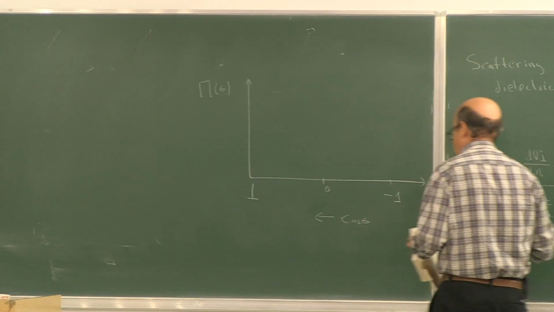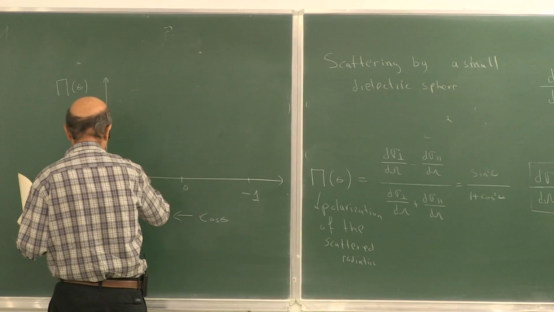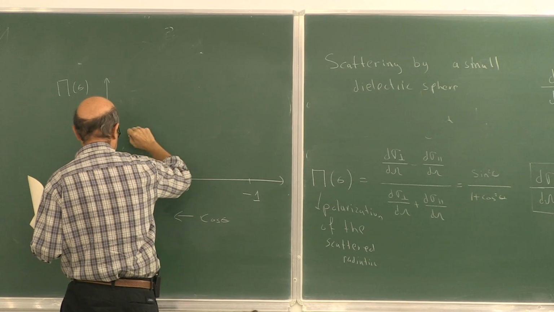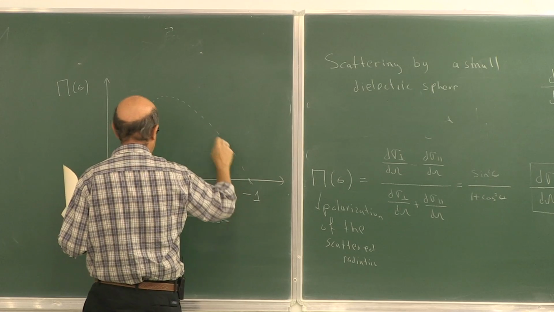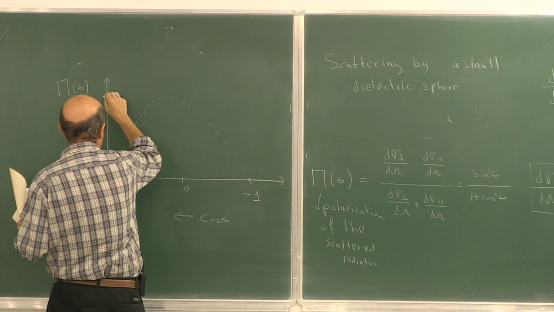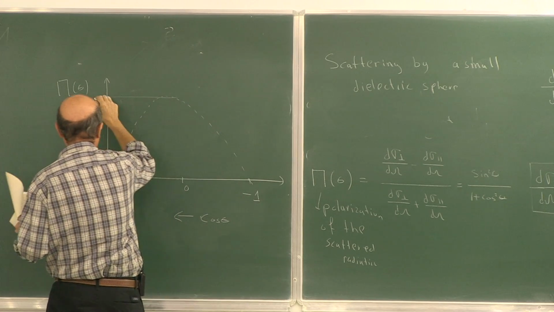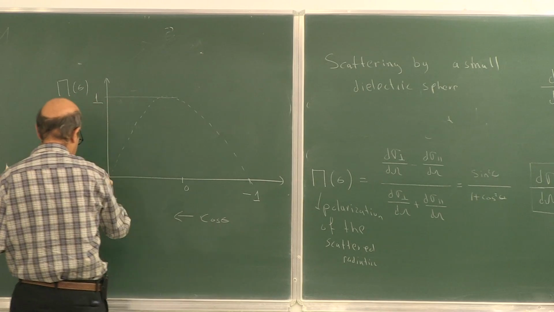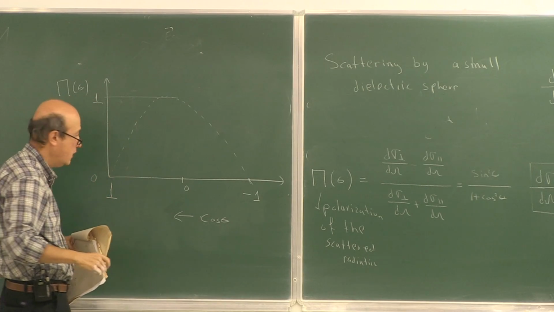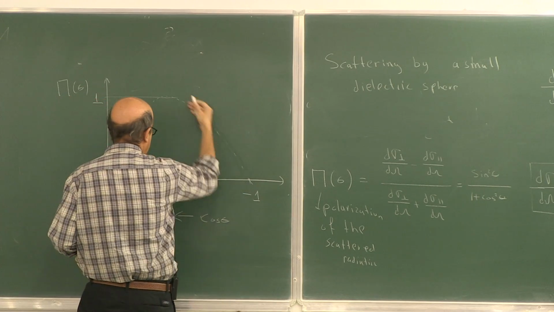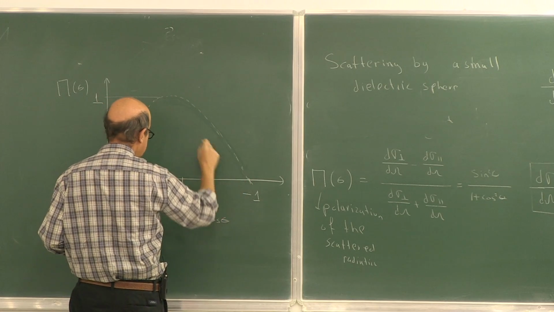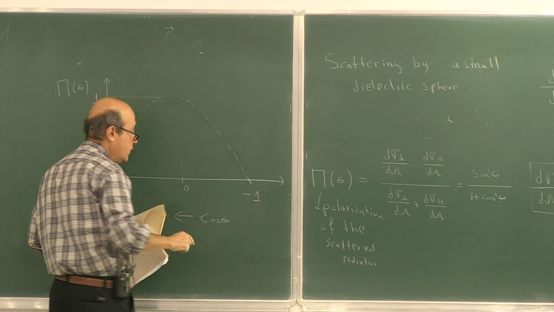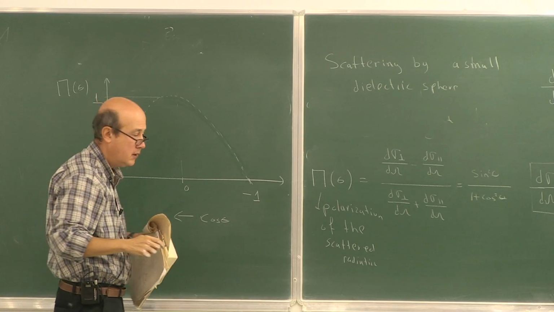And the polarization is maximum, equal to 1, at 90 degree scattering. So let's say that this is 1 and this is 0. Okay? So if the wave is scattered by 90 degrees, you will see 100% polarization.